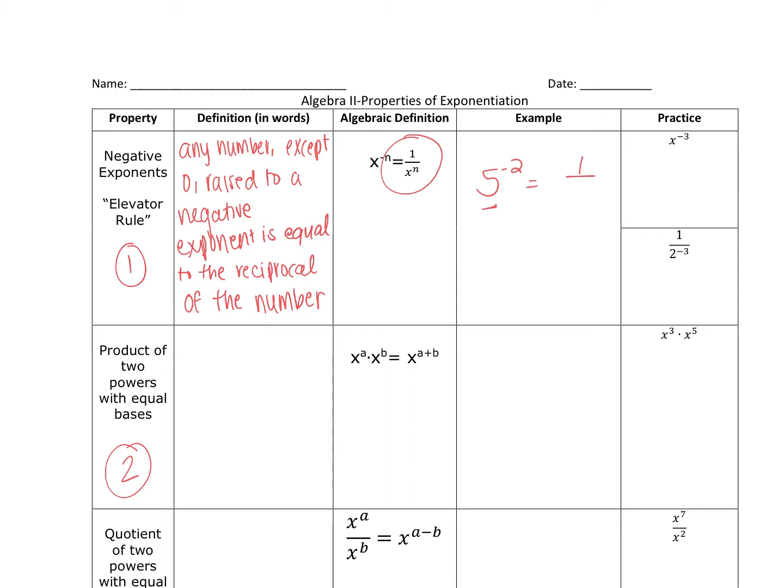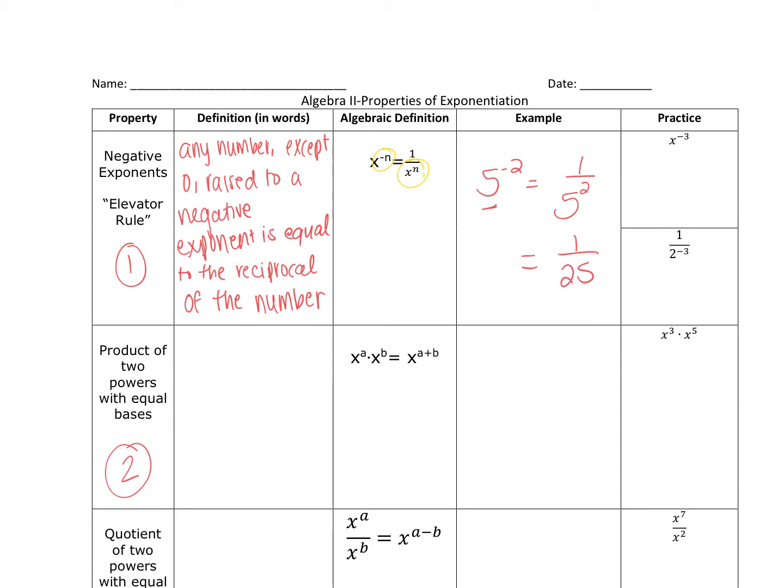So this problem will now become 1 over 5 squared. Notice that in this little algebraic definition, the negative now turns into a positive. So now we have 5 to the negative 2 equals the reciprocal, which makes it 1 over 5 squared. And this can be reduced to 1 over 25.